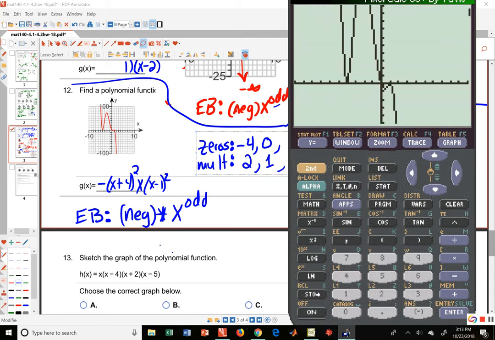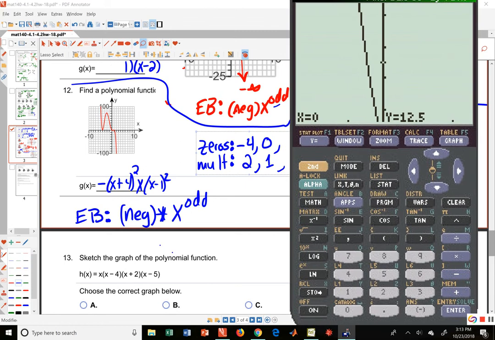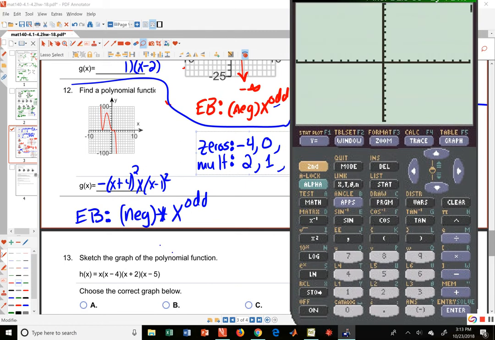Now remember, we didn't change our y min, y max. Let's go ahead and zoom in on the 0 at the origin. I didn't quite hit the origin very well there. So let me go back to a standard window for a second. I just want to show you that when it crosses through, it's going straight through. There's no flatness.